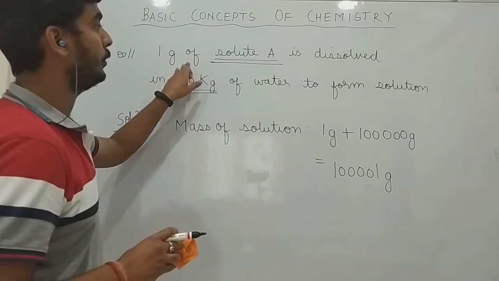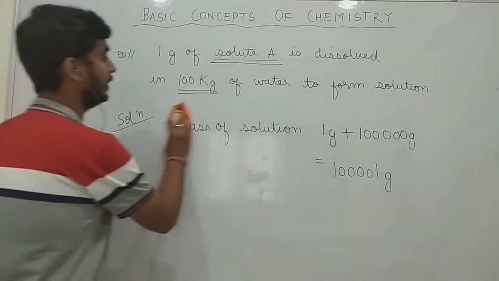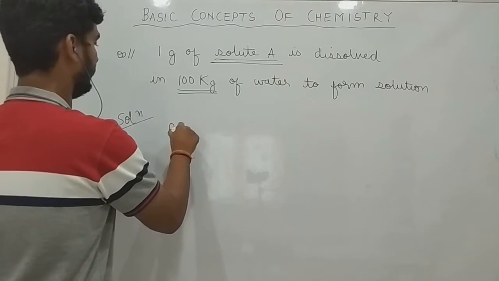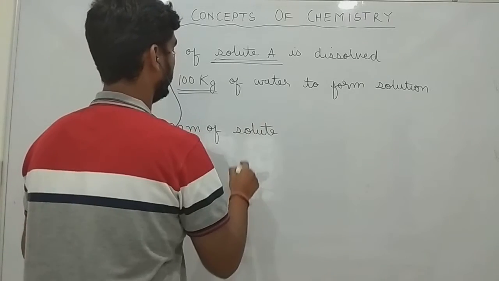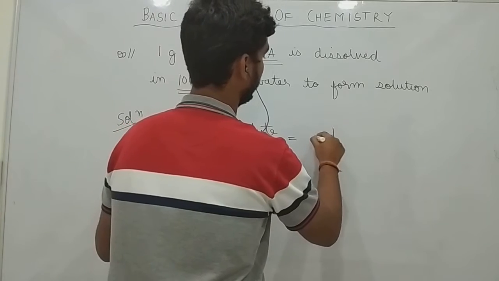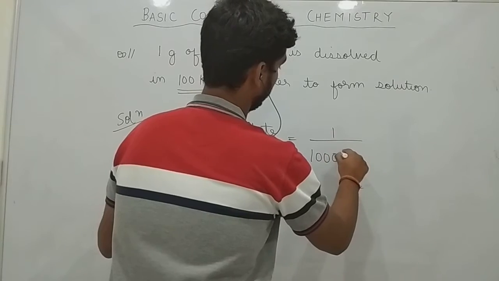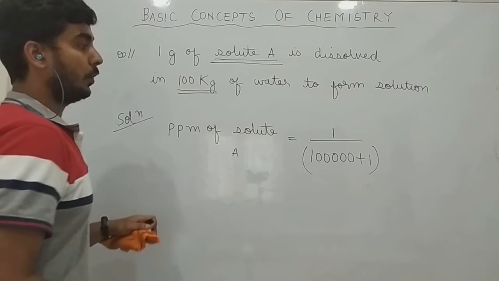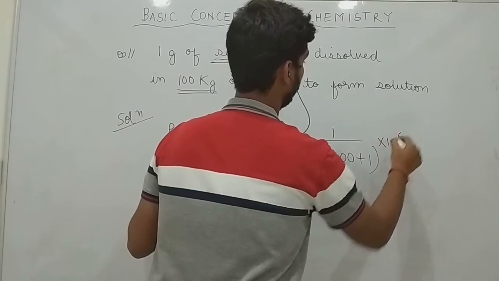Now we know the mass of solute. We have found the mass of solution. Now we can easily find the ppm of solute A. So ppm of solute A will be how much? Mass of solute, that is 1 gram, divided by mass of solution, which is 100 kg of water plus 1 gram of A, into 10 to the power 6.